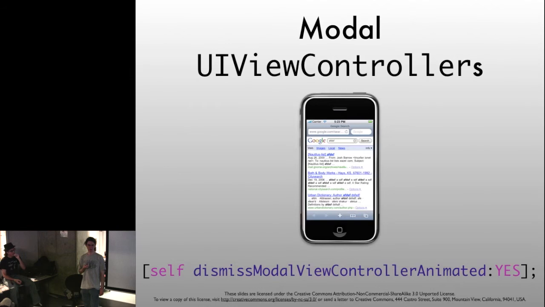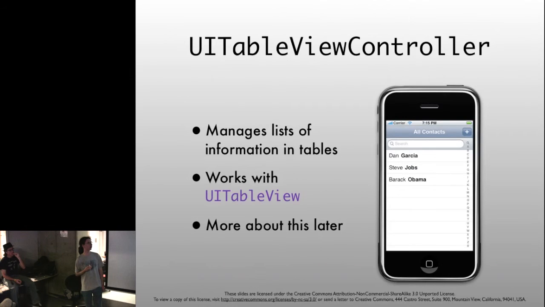So I mentioned these a little bit earlier. Kevin said we're going to go into detail on these in a week or so, but you can also handle tables with some level of intelligence beyond, okay, here's a table object and there's stuff in it. One thing that you might see is this little row of letters on the right-hand side. That's automatically generated based on the contents of your table.